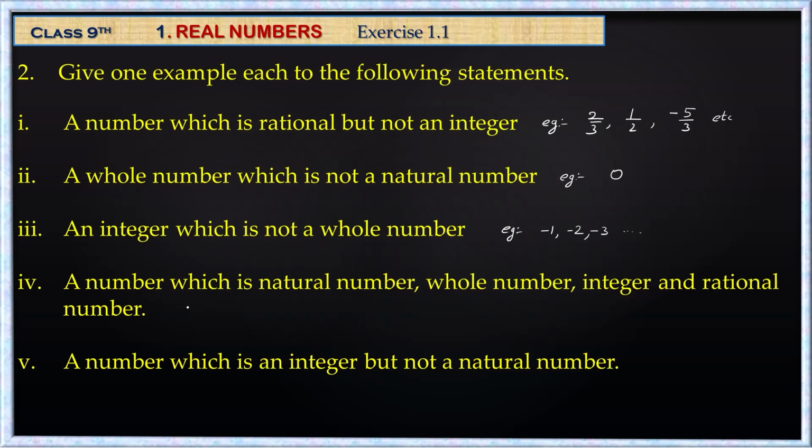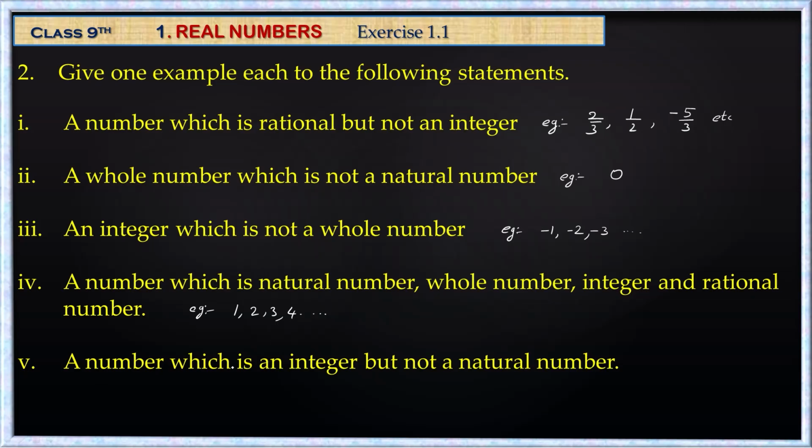So we can give the example as all the natural numbers 1, 2, 3, 4 and so on. All the natural numbers are whole numbers, integers and rational numbers, because natural numbers can be written in the form of p by q. That means we can take the denominator as 1: 1 by 1, 2 by 1, 3 by 1, 4 by 1. So a natural number is also a rational number.